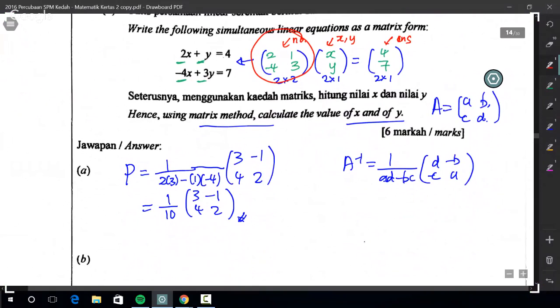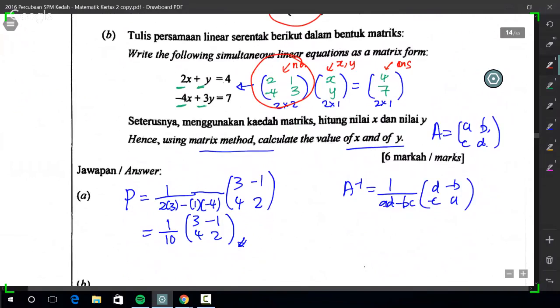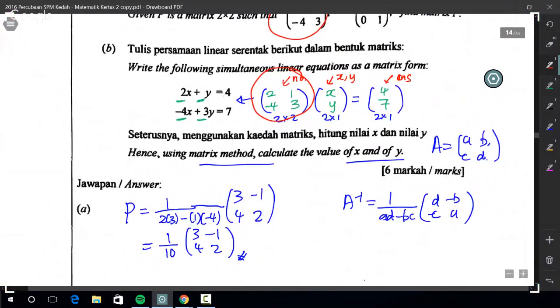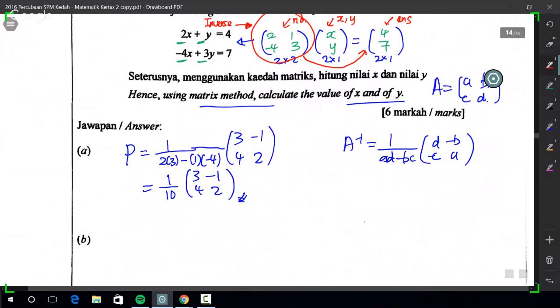Alright, so what happens right now is in order to get the x, y here, I will need to move this matrix to the other side. And then this matrix over here will become the inverse, which you already did in part A. Right, so let's see what happened here.